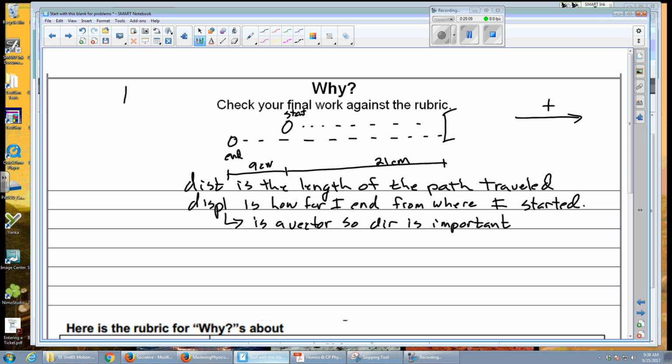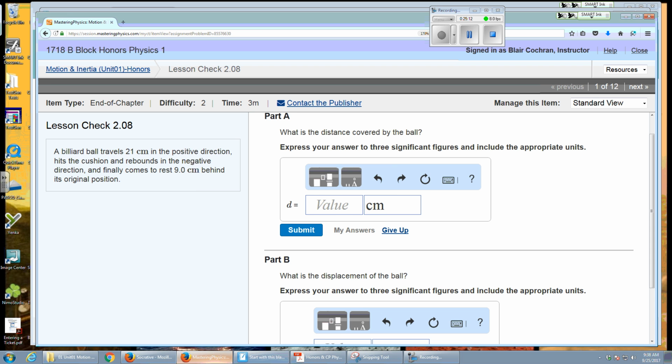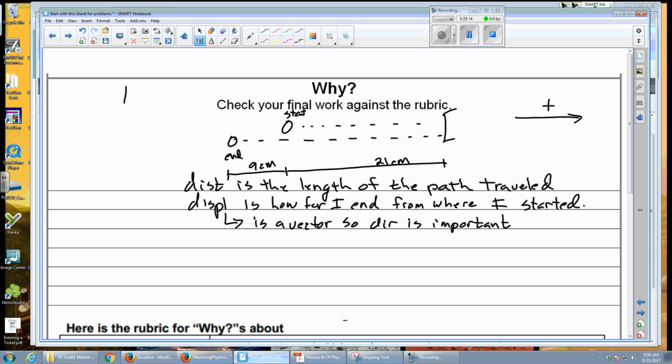That's 9 centimeters, I think. Yes? Why is it 21? Because my numbers are different than your numbers. Hence why I can sit in front and do the problem and you can't just copy it.